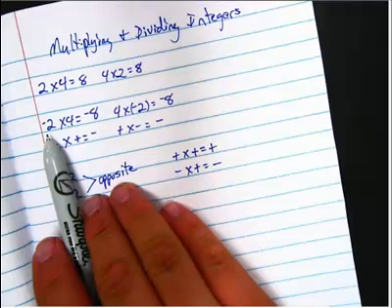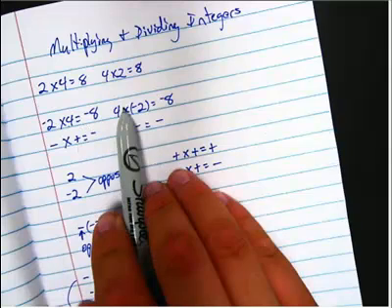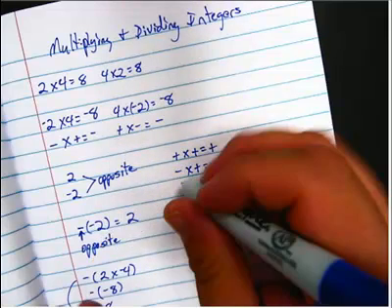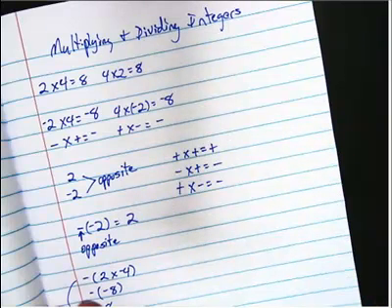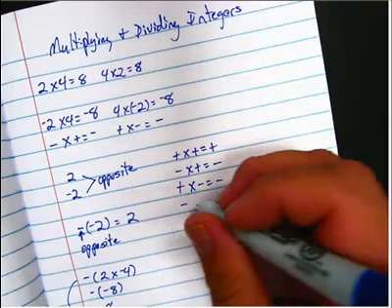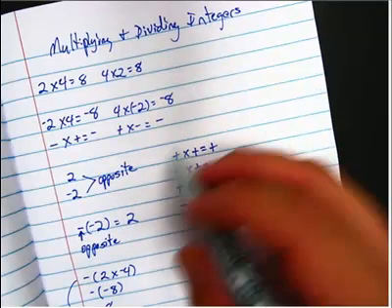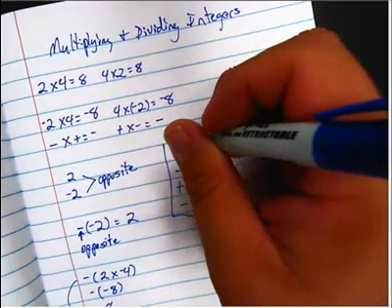But because of the commutative property, that also means 4 times negative 2, so positive times a negative equals a negative as well. And as I showed you down here with these problems, we also know that a negative times a negative will give us a positive. This is our rule right here for multiplication.